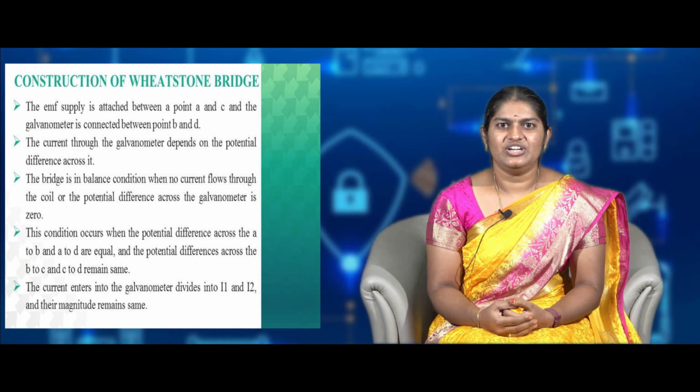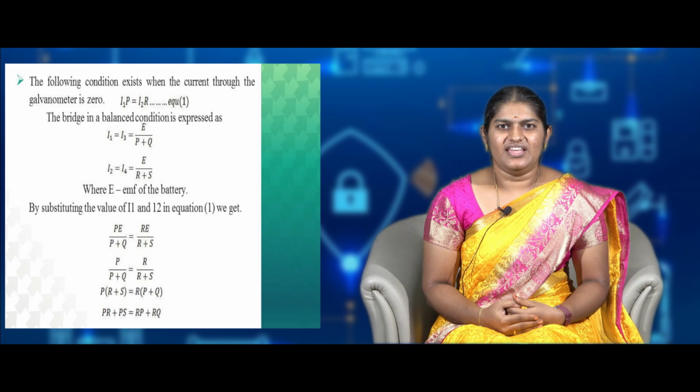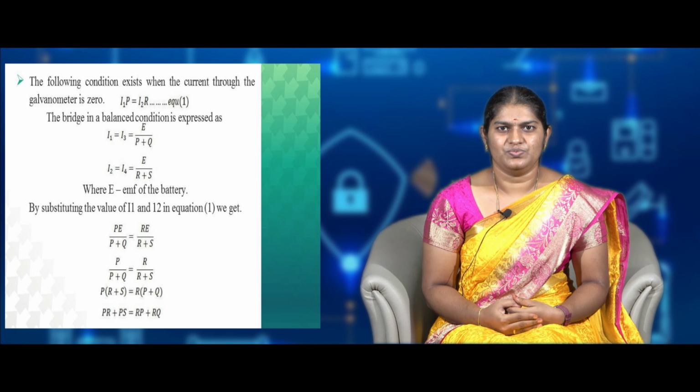The current entering the bridge is split into two, I1 and I2, and their magnitudes remain the same. The following condition exists when the current flowing through the galvanometer is 0, that is, I1P is equal to I2R. The bridge is said to be in balanced condition. Then the equation can be expressed as I1 is equal to I3 is equal to E by P plus Q.